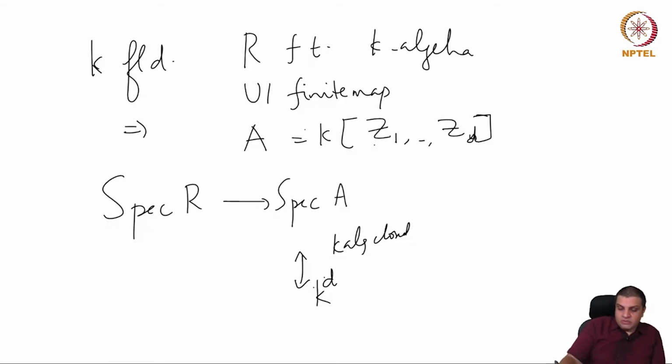And this is some X. So X maps to this. This is what the picture is. The points in this one are some subset of, let's say, K^n. So some subset of K^n, a variety, maps onto K^d.